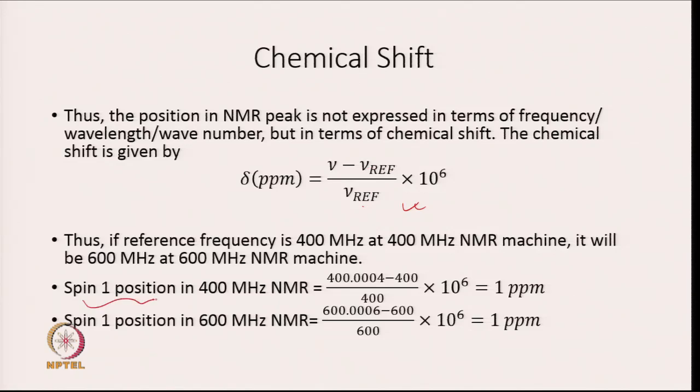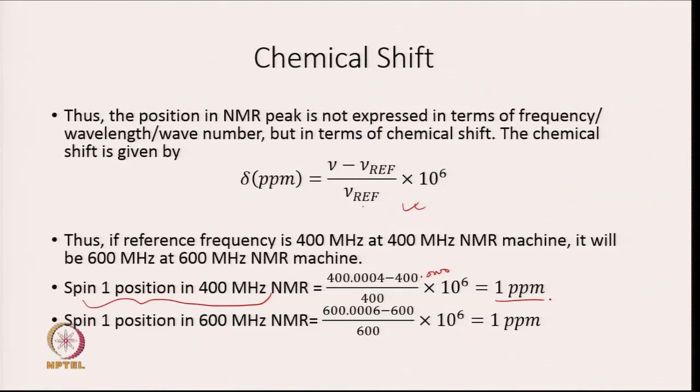Now, if we calculate the spin 1 position in a 400 megahertz machine, this is this minus 400.0000 divided by 400, and this will be 0.004 divided by 400, and if I multiply by 10 to the power 6, I will get 1 ppm.